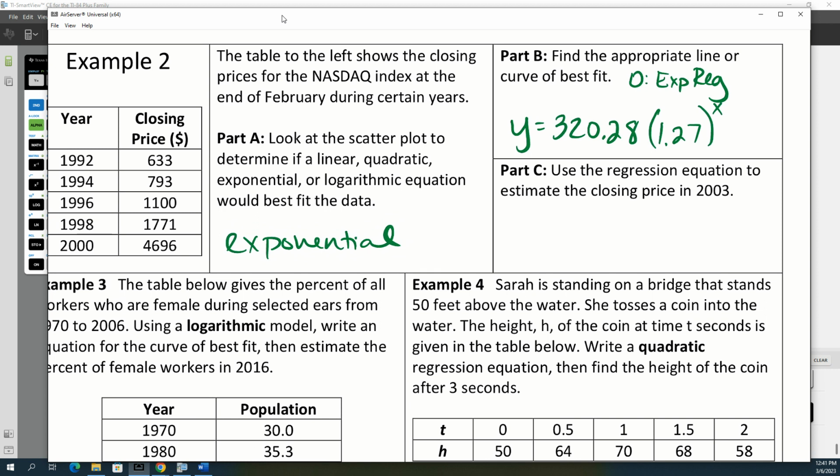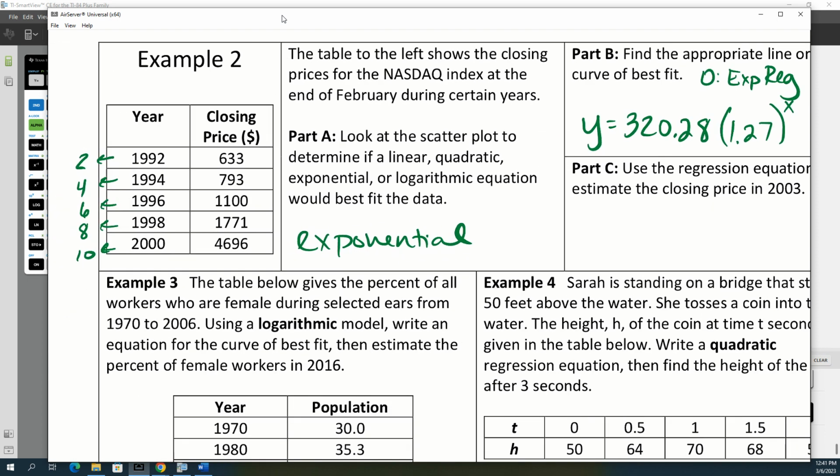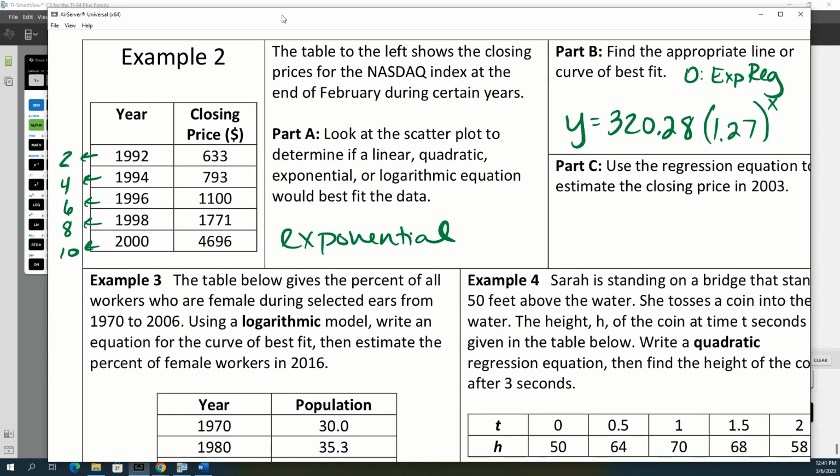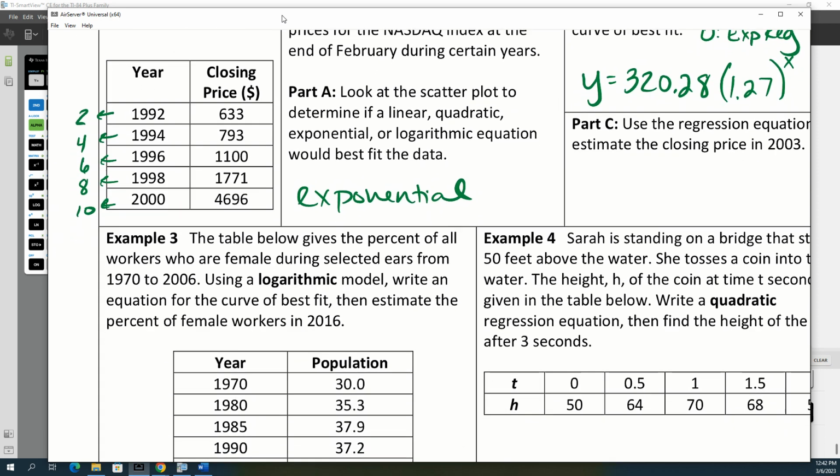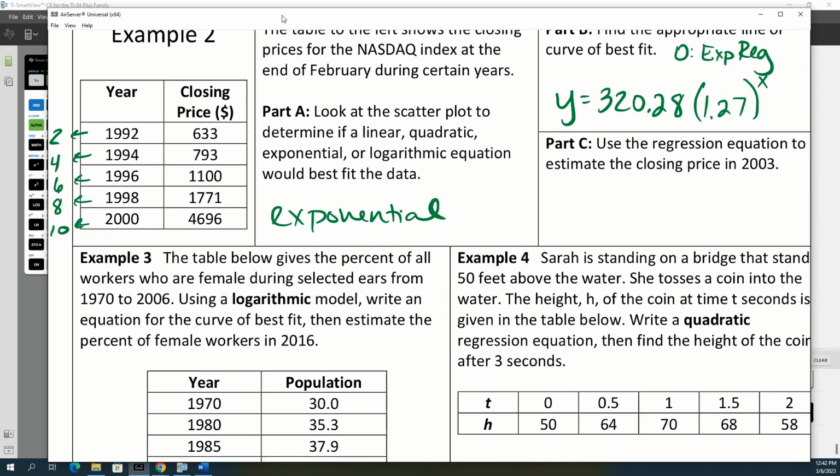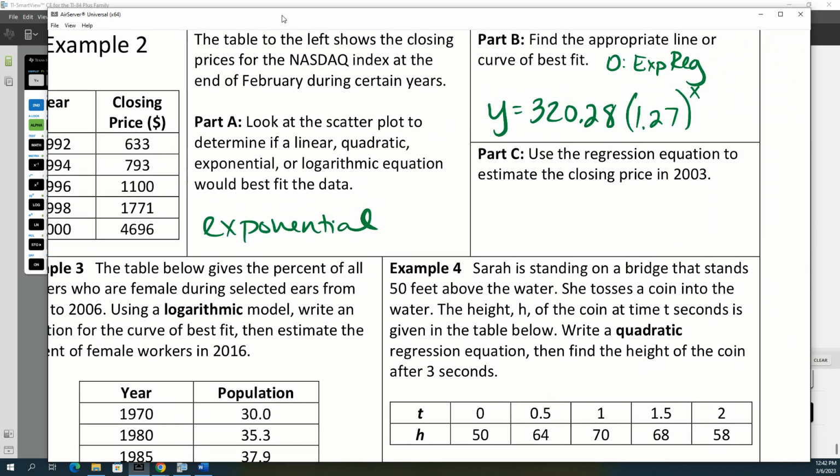Right, and then for part C, we want to use that model to make a prediction about 2003. So what are we going to put in for X for 2003? So 2000 was 10. So for 2003, we're going to put in 13.